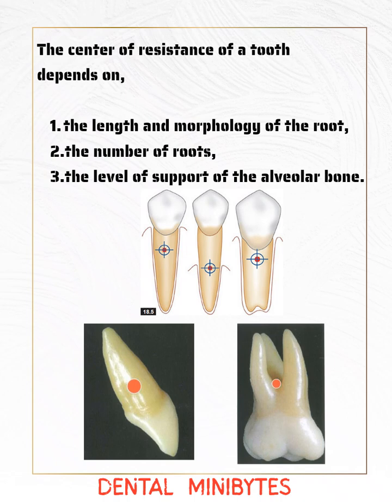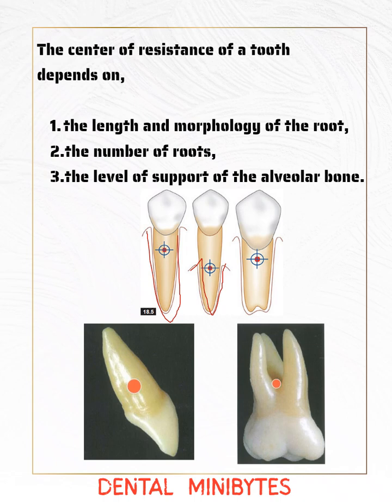Then the center of resistance of the tooth depends on several factors. One is the length and morphology of the root. If this is the original normal tooth, and the length of the root is normal, the center of resistance is concentrated between the cervical and middle third of the root. But here, due to alveolar bone loss, the length of the root is the same, but the bone level is different, right?